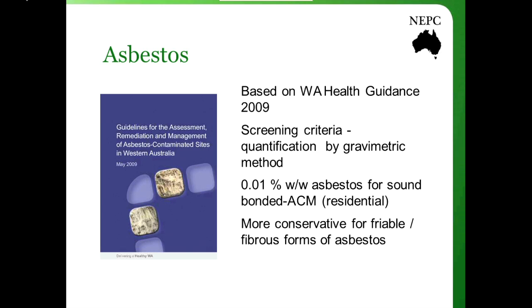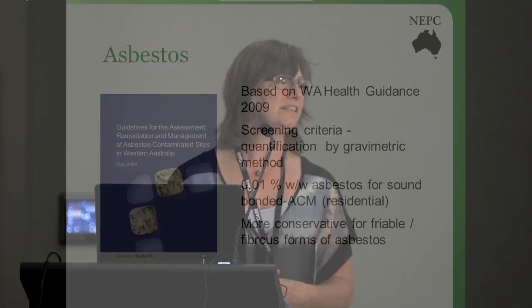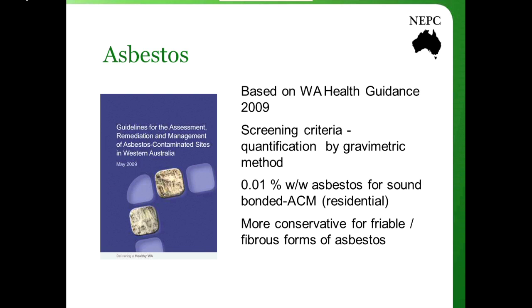So where there is a risk that fibres may get into the air, of course, that is a much more significant health risk than where you have bonded ACM, which is in good condition. And as I say, the guidance does differentiate very much between those two.